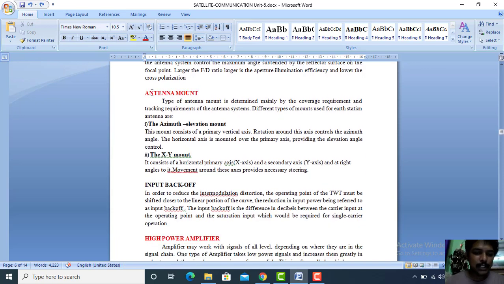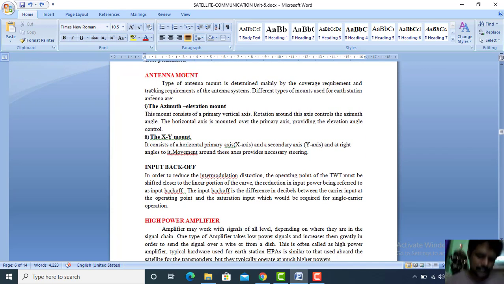The next thing is the antenna mount. Different types of earth station antennas are mounted, namely the azimuth-elevation mount and the X-Y mount. The azimuth-elevation mount has a primary vertical axis and a horizontal axis.